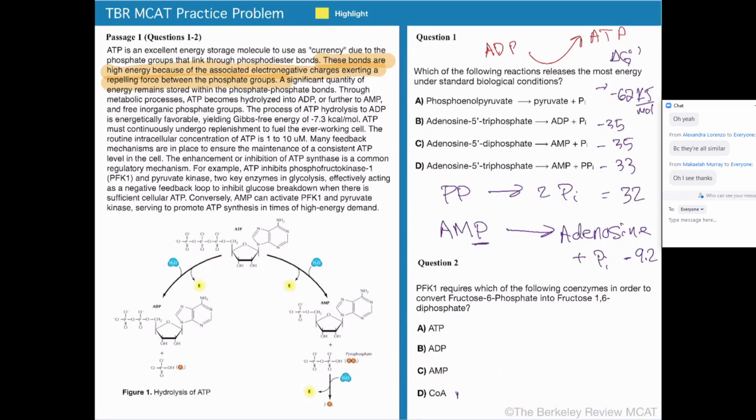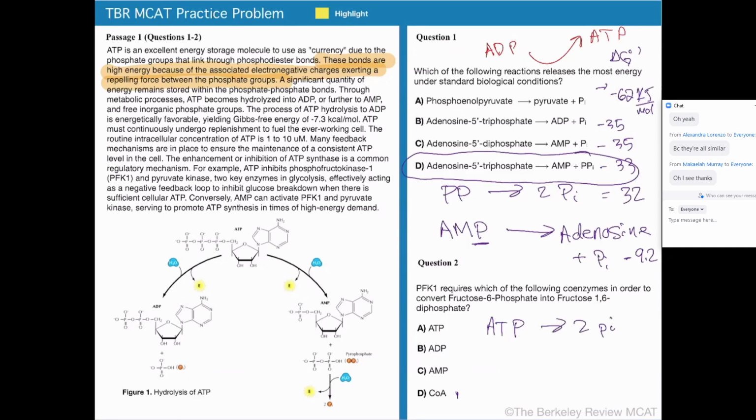So on your MCAT, they might try to give you one of these tricky questions where they're comparing things, and you obviously all have this assumption that ATP to ADP, or this one right here, ATP to AMP would be bigger. Now, you guys had a really good guess. You guys would be correct, and I want to emphasize this. If it was ATP, I'm going to write it down here, to 2Pi, you know why?